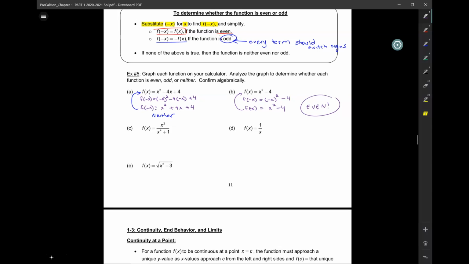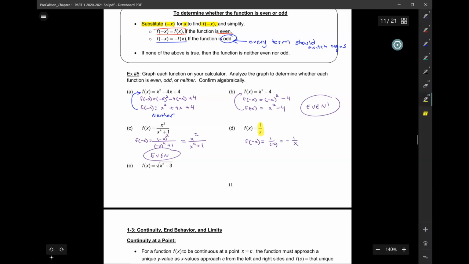Here we go. F of negative x is negative x squared over negative x to the 4 plus 1. What does that give me? X squared over x to the 4 plus 1. Same function. Even. Okay, how about here? F of negative x is 1 over negative x, which means it's negative 1 over x.